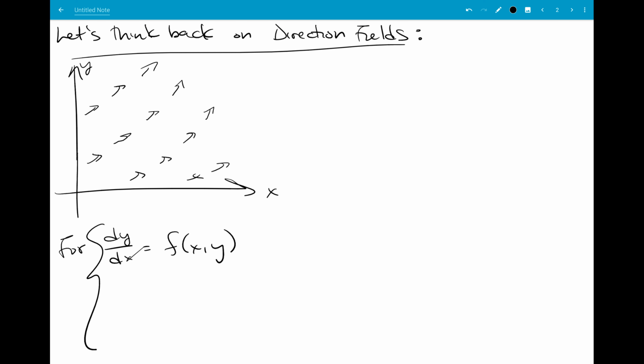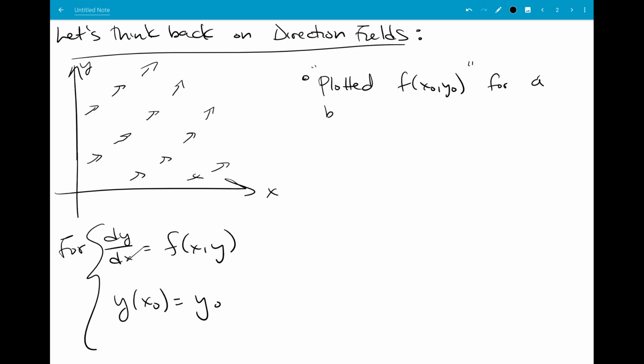So we talked about the idea that direction fields would be for a differential equation dy/dx equal to f(x, y), and having an initial condition like y(x0) equals y0. And so our general approach to direction fields was that we plotted arrows with slope f(x0, y0) for a bunch of potential points.